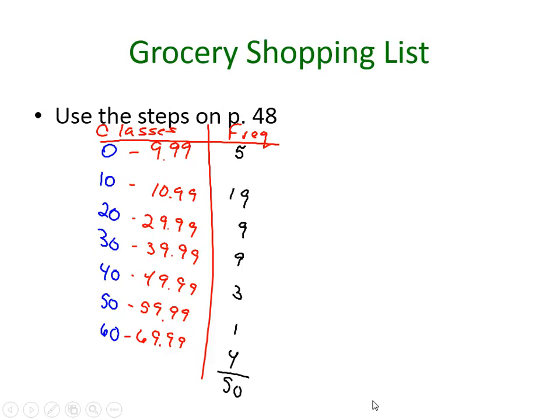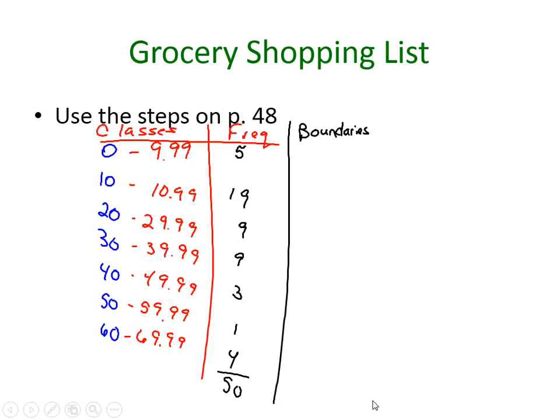The other way we could have listed it was our class boundaries. When we talk about finding the class boundary, that's when we have no space in between, so the upper class limit of one becomes the lower class limit of the other.